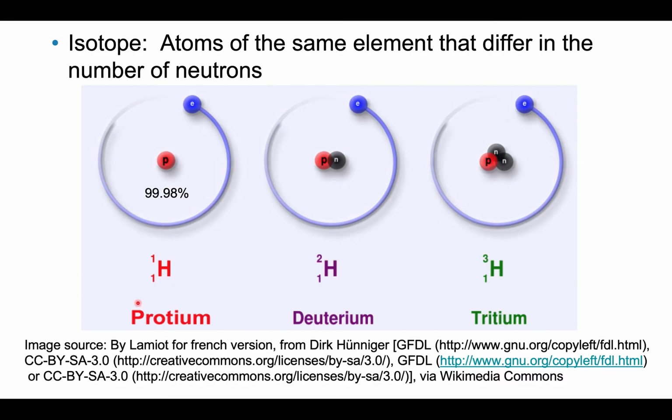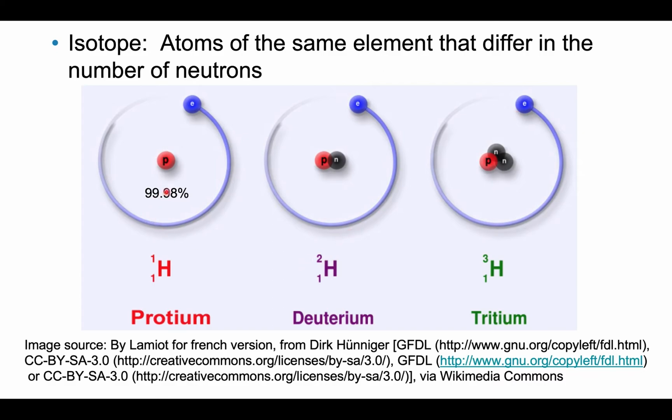You can have protium, in which there is no neutron, but one proton and one electron. Deuterium, there is one neutron, but notice that the number of electrons and protons don't change. And then tritium, in which there is one proton, two neutrons, and one electron.